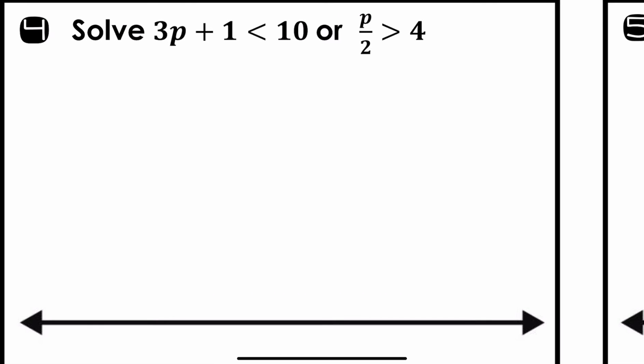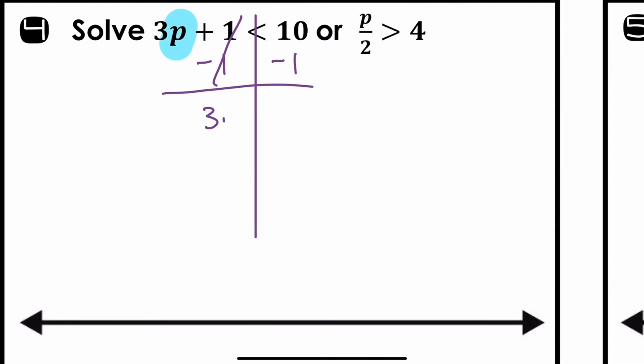So we got 3p plus 1 is less than 10, or p over 2 is greater than 4. So let's start with our first problem. All right, we got 3p plus 1. So I want p by itself. So I'm going to get rid of that 1 first because it's being added. So minus 1 to both sides. All right, 1 minus 1 is going to give us a 0, so that's gone.